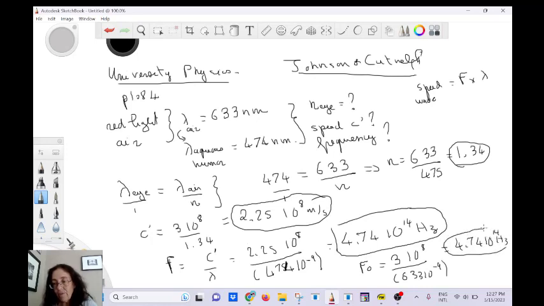So the frequency stays the same. Conclusion: if the index of refraction increases, the speed decreases, the wavelength decreases, but the frequency does not change. It stays the same.